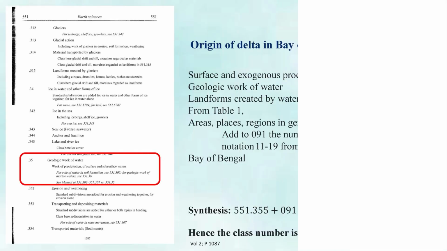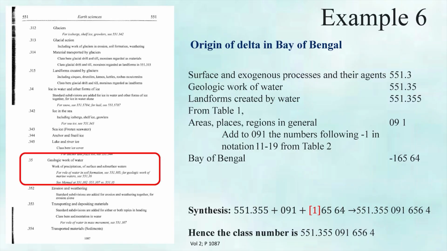So, the next problem is from origin of delta of Bay of Bengal. You know that the largest delta is located on the coast of the Bay of Bengal. So, the book deals with this delta and we have to make the class number. So, it is under 550. That is a clue. So, in 550, there is surface and exogenous process and their agents, means different natural exogenous processes and their movement, which we can find under 551.3.